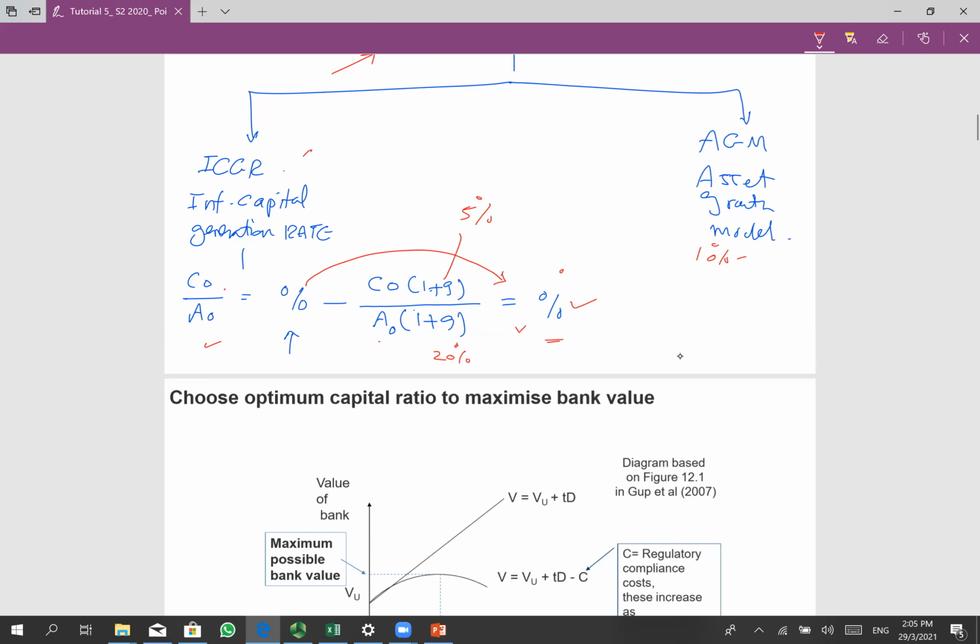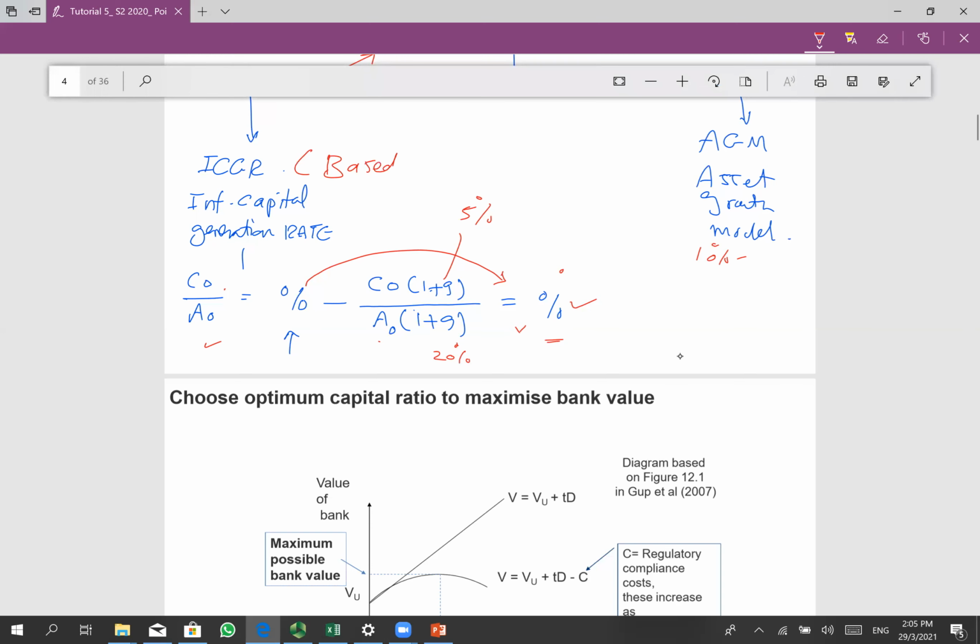So again, this is based on internal capital, which means the retained earnings.